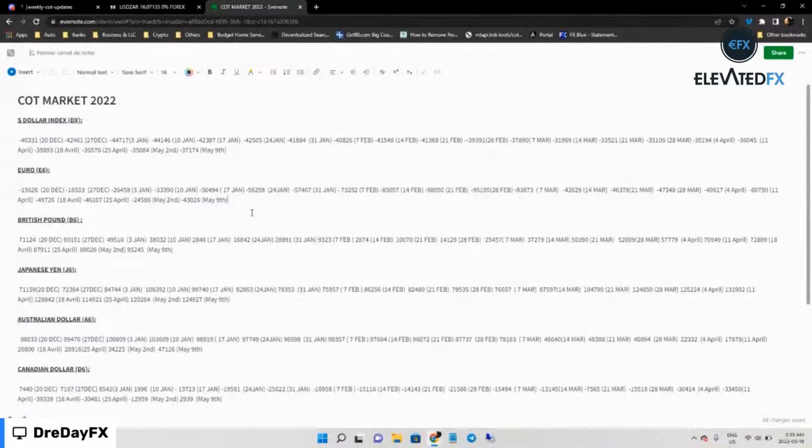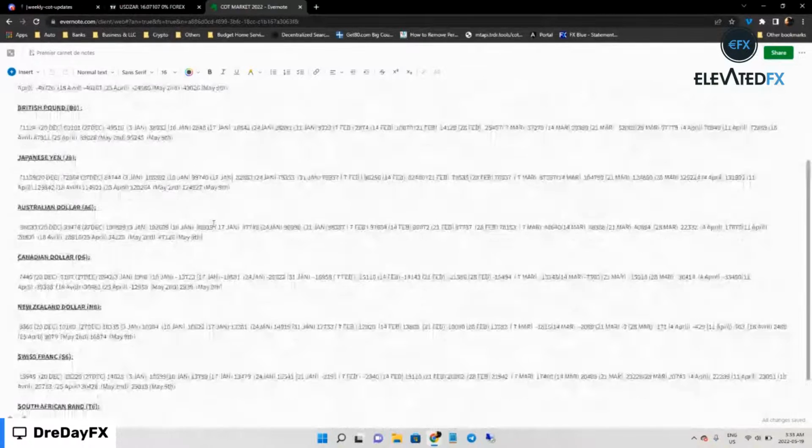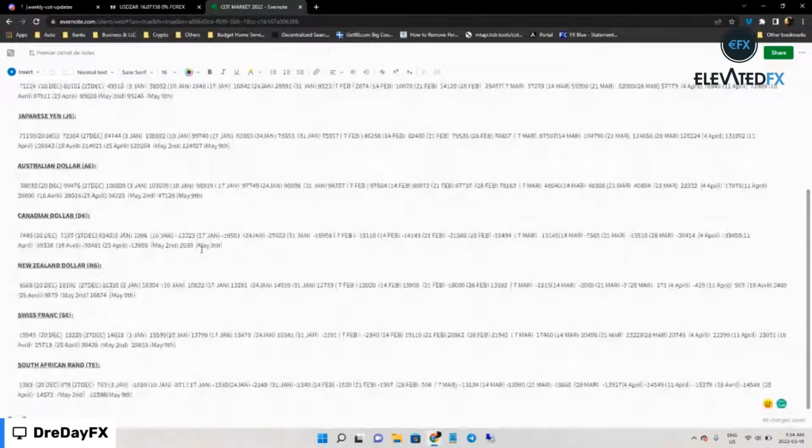So euro is a big mover, the biggest mover here of all right now. Here that's 6,000. This one is 4,000 roughly. This one is 13,000. So I take note of it.